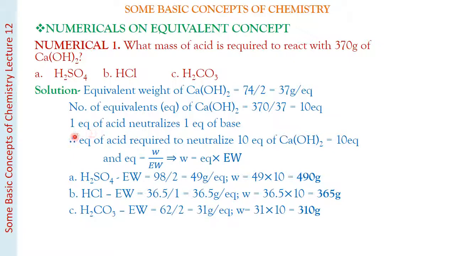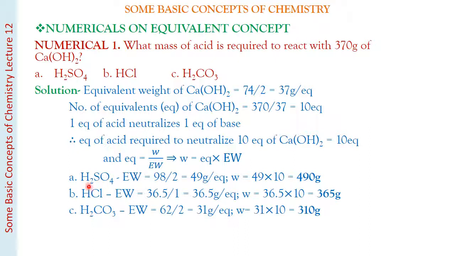Now as one equivalent of the acid is going to neutralize one equivalent of the base, 10 equivalents of the acid would neutralize 10 equivalents of the base. And the number of equivalents is equal to mass over equivalent weight. Hence, the mass is going to be the number of equivalents multiplied by the equivalent mass.